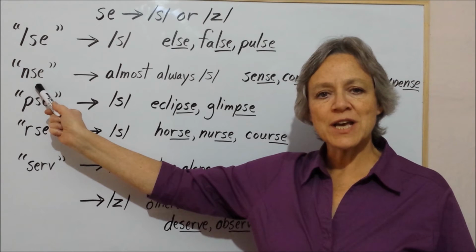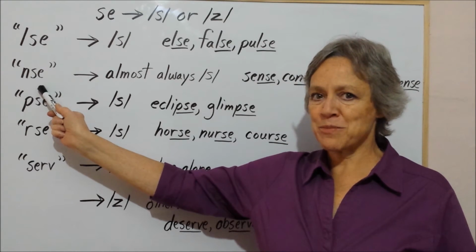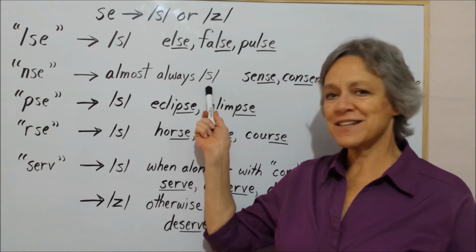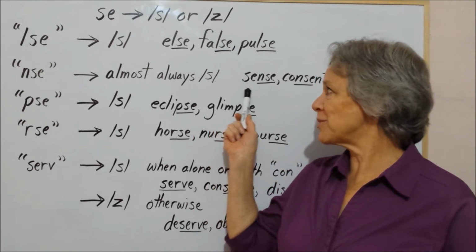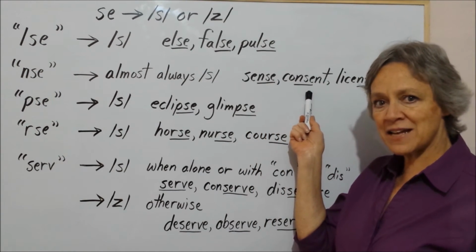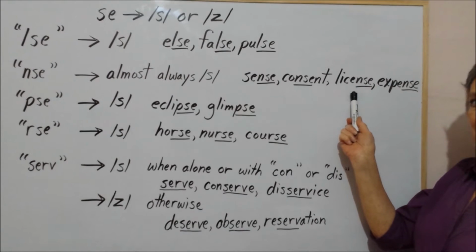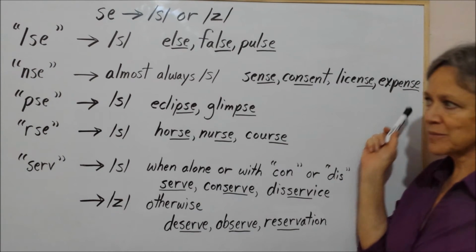When we have the letters N, S, E together in a word, we most often always get the S sound. Here are some examples. Sense, consent, license, expense.